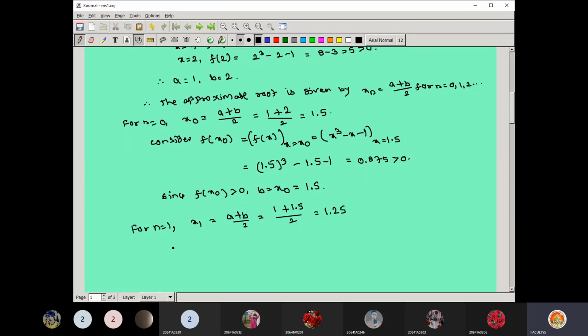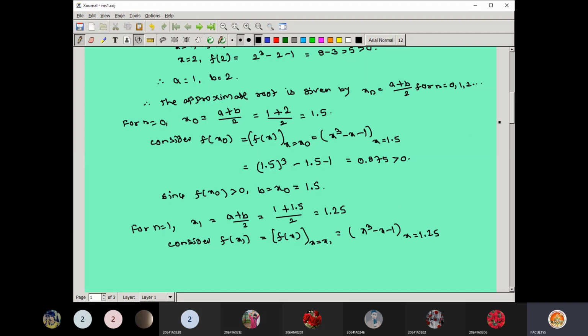Now again you are substituting in the function. Consider I am substituting here f of x1. This is nothing but f of x. There you are substituting x equal to x1. Your f of x is nothing but x cube minus x minus 1 and x is equal to 1.25. You are substituting there.